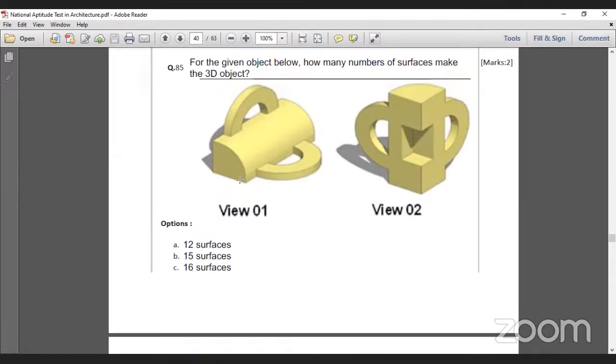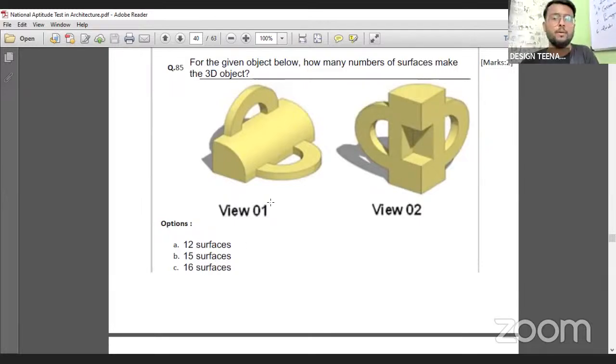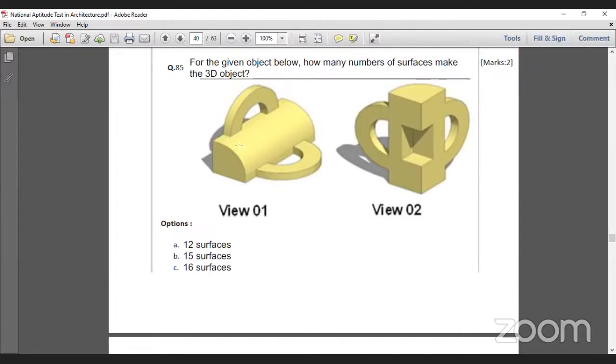Okay, we will start counting. This side 1, 2. First of all, let us divide it into shapes. These two handles, how many surfaces are they having? 1 on the exterior, 1 on the interior, 2 on the sides.